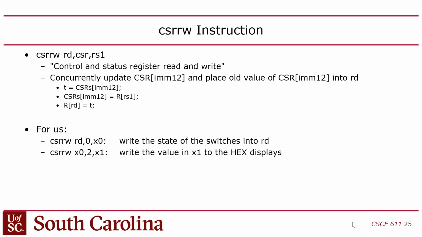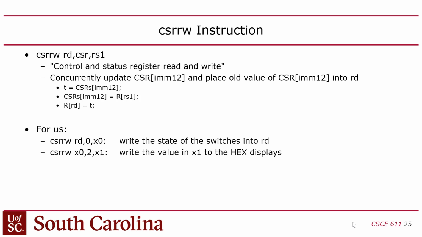So when we went to RISC-V, we got rid of that and we just used this CSRRW instruction. The way this is really supposed to work, if you look in the RISC-V instruction set, is that you take the value of the CSR register that's addressed by the immediate field and put that into T, a temporary, then you take whatever's in the RS1 register and put that into the CSR register, and then you put T into the RD register. So what does that mean?